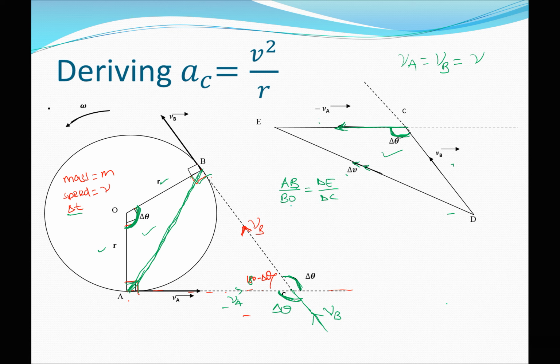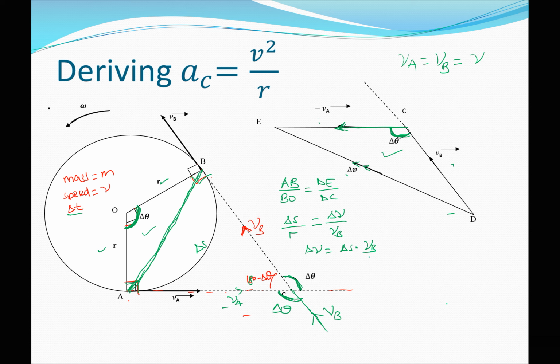So I substitute AB as approximately the same as the curvilinear distance, which we call delta S. This arc length is delta S, divided by BO, which is the radius R, and DE is the change in velocity, delta V, and DC was the velocity, VB.